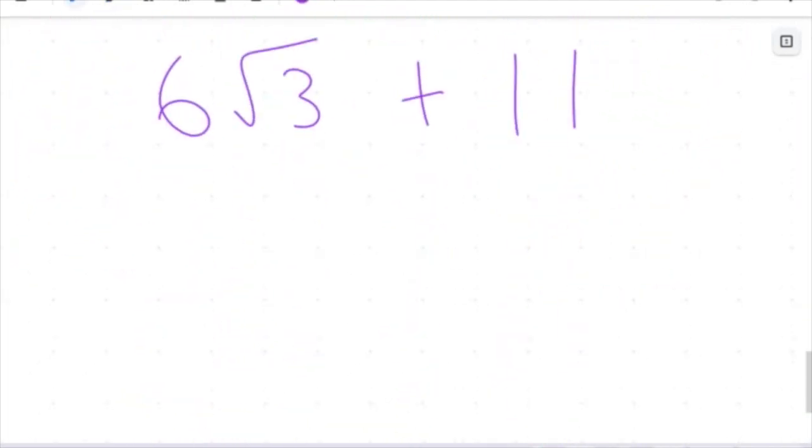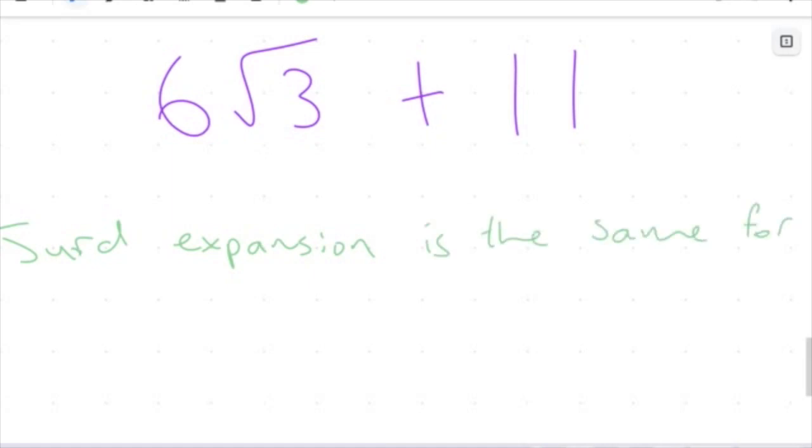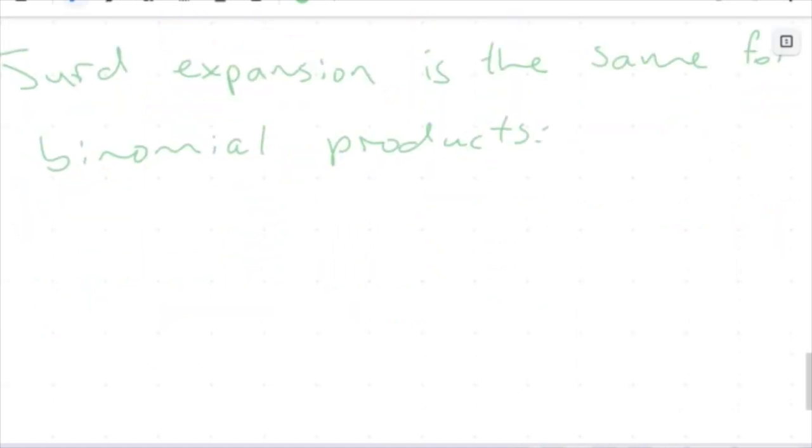So surds work in the same way as binomial products. So surd expansion is the same for binomial products. So just a revision to what we did with algebra when we did these algebraically.